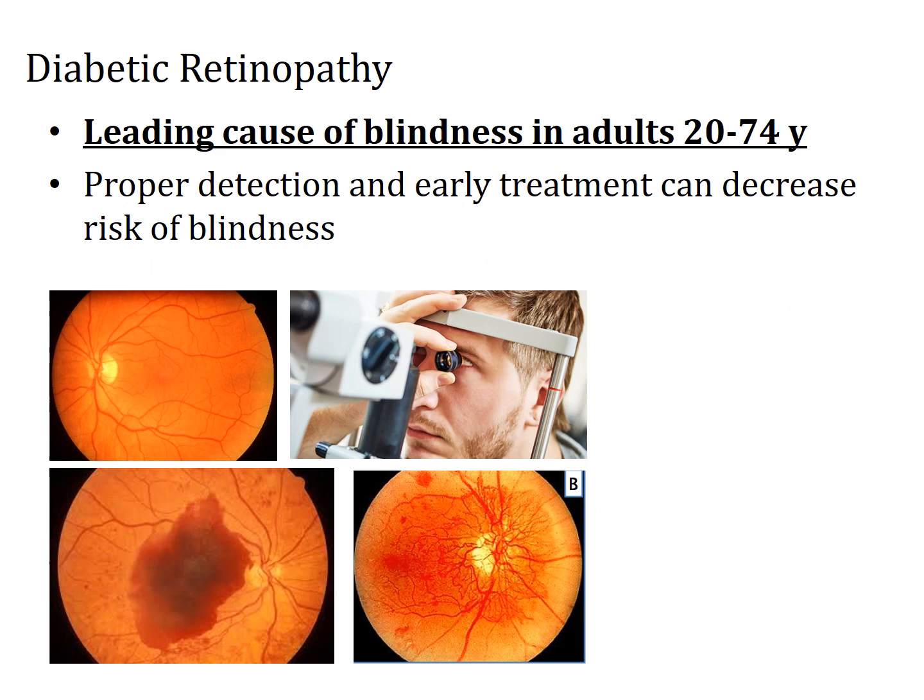The leading cause of blindness in the United States is diabetic retinopathy. I don't know a whole lot about diabetic retinopathy, but the one thing that I will say is all diabetic patients need frequent visits with the ophthalmologist, dilation of the pupils, and a close look at the retina.